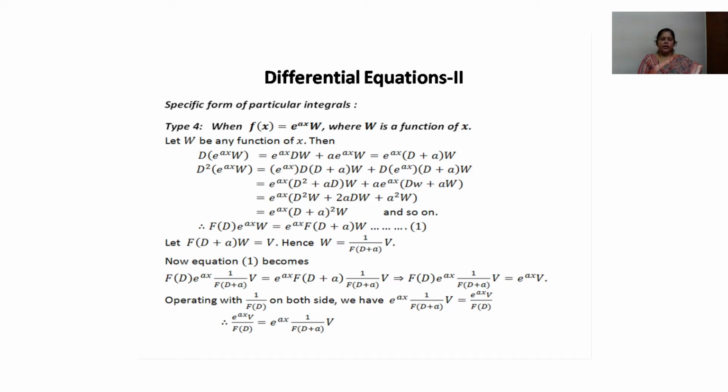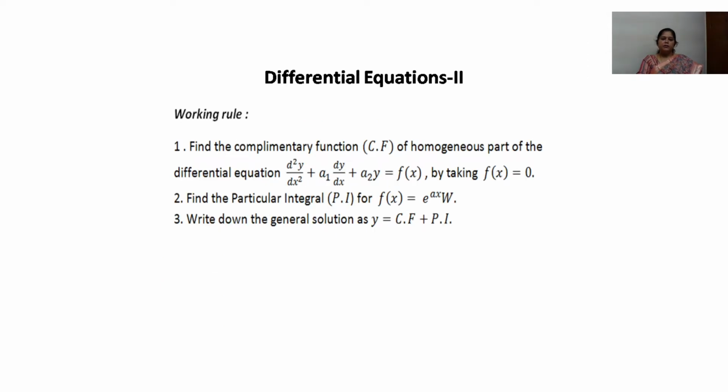Operating with 1 by f of D on both sides, we have e to the power ax into 1 over f of D plus a into v is equal to e to the power ax into v by f of D. Therefore, e to the power ax into v by f of D is equal to e to the power ax into 1 by f of D plus a into v.